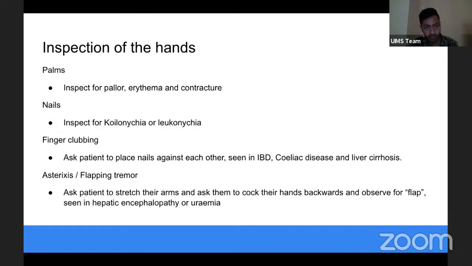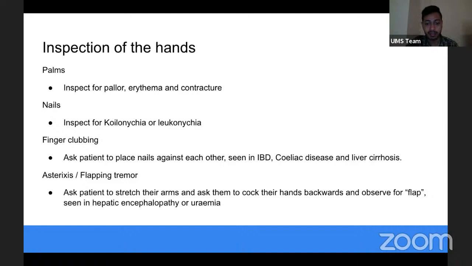So inspection-wise, palms. What are we looking for on the palms? We're inspecting for any paleness, so pallor, any redness, if there's any erythema, and also if there's any contractures. So no one quite knows why contractions such as Dupuytren's contracture are linked with gastrointestinal diseases, but there are.